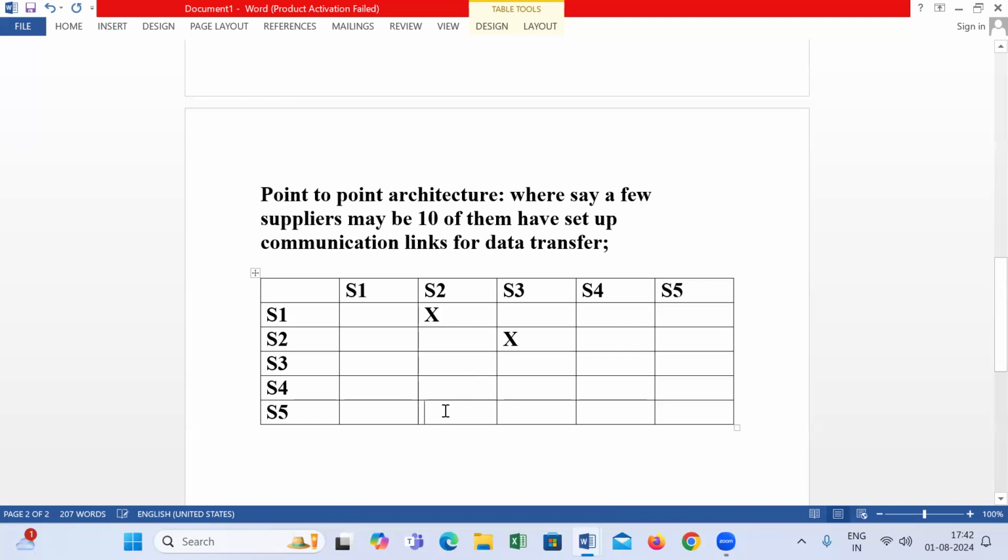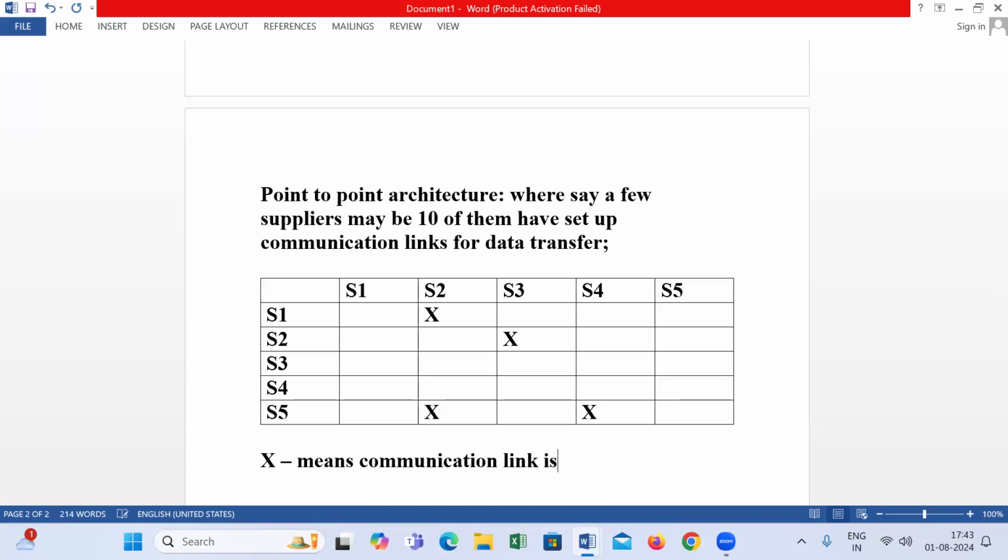And maybe S5 and S2, and S5 and S4 also have set up links. I'll write down here, X means communication link is set up. So there are only very few links. For example, there is no link between S3 and S4. So this is referred to as point-to-point architecture. And we will see in which situations this point-to-point architecture is preferred.